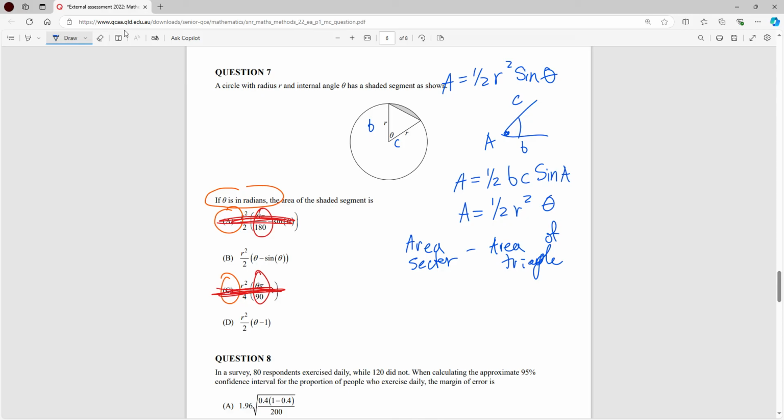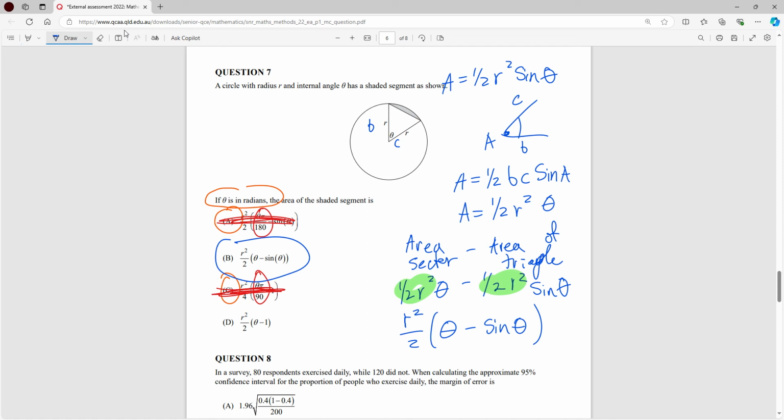So I would go area of a sector, so a half r squared theta minus a half r squared sine theta. I would take out what's common, so what's common in both of them is obviously this bit here. So here that would give you r squared on 2, and you'd have theta minus sine theta, and we would see which one works, and from that we can see that matches description B.